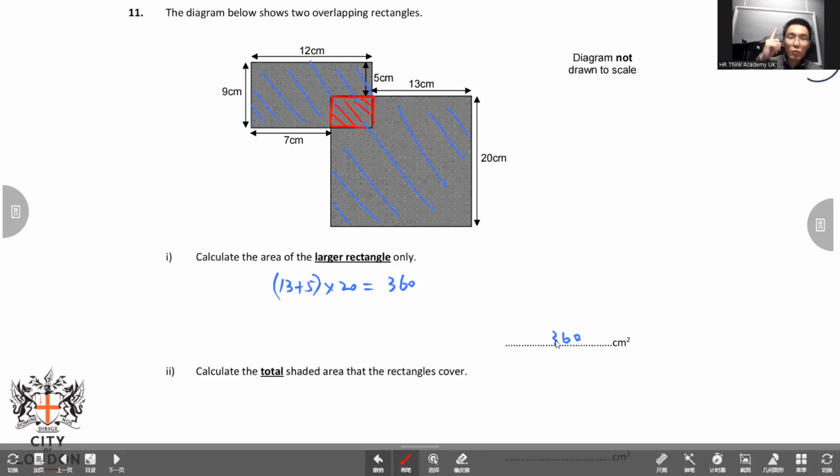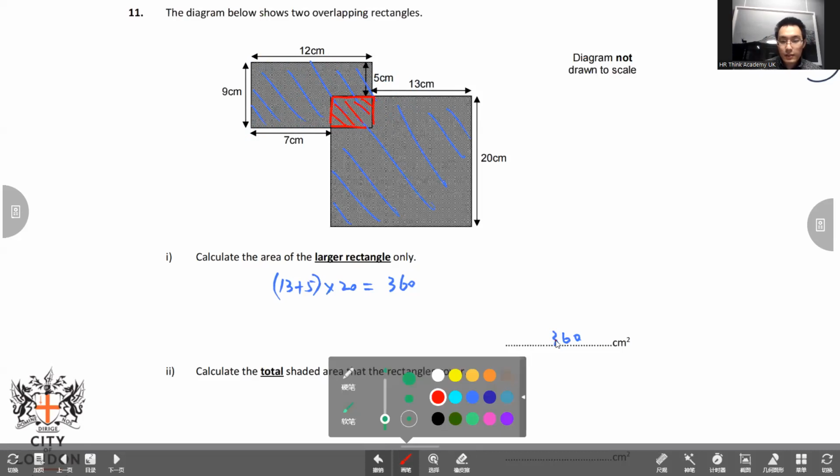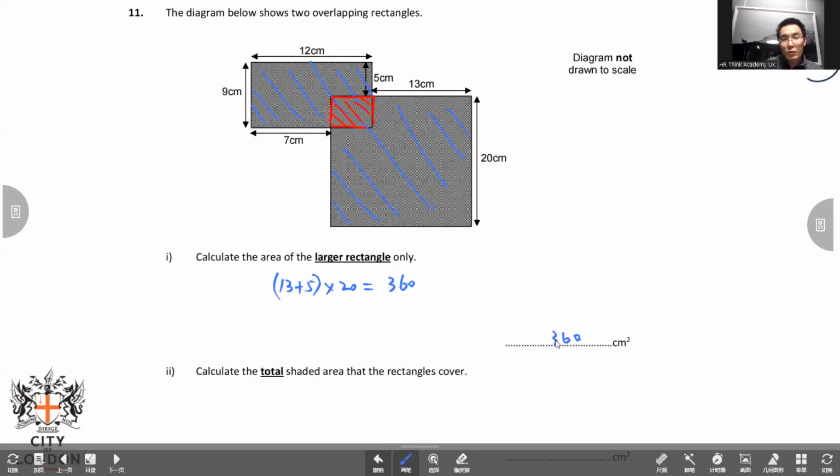We need to take away one of this overlapping area to give us the total shaded area. So let's find out the area for the smaller rectangle, which is 12 times 9, and then plus the area of the large rectangle, which is 360, and then take away the area of the red overlapping part.